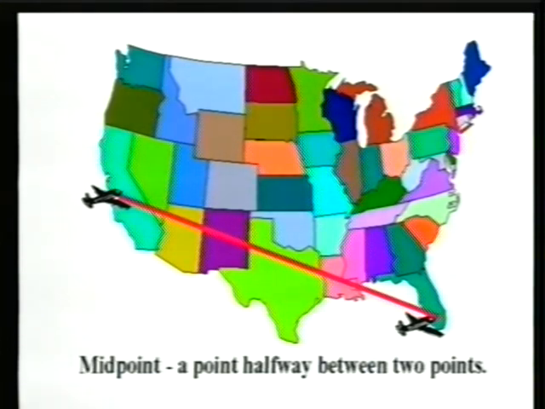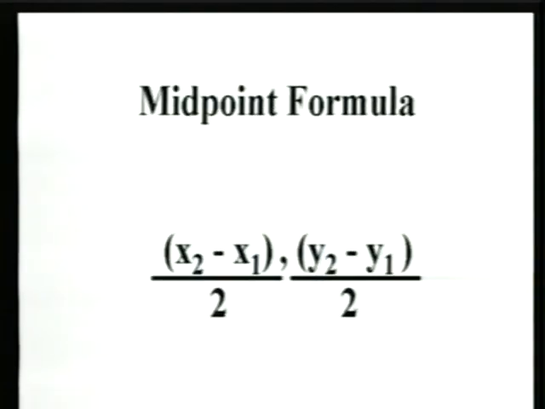Let's just call Los Angeles our X1 and Y1, and the coordinate point for Orlando our X2 and Y2. We take those coordinates and put them into what's called the midpoint formula, where we'd use x2 minus x1 divided by 2 comma y2 minus y1 divided by 2, and that would give us the new coordinate, xy coordinate, for our midpoint, for the point that is in the middle of the straight line between Los Angeles and Orlando.